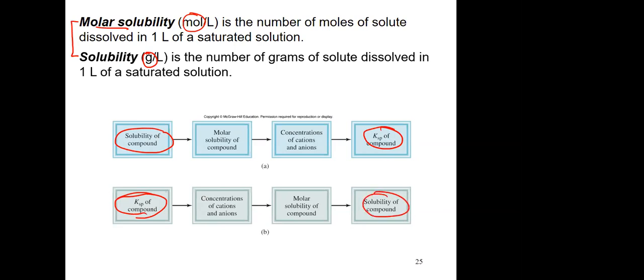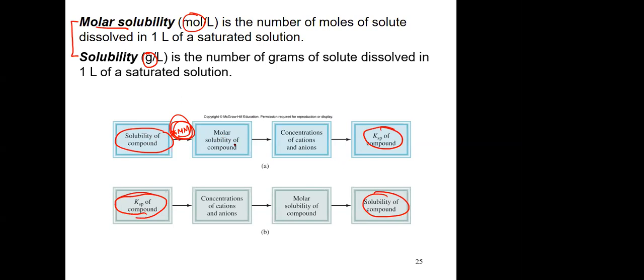So the technique that we have here, before we do a calculation and then have a break: if you're given the solubility of the compound and you're asked for the KSP, you convert that to molar solubility. What do you need here? You need the molar mass.